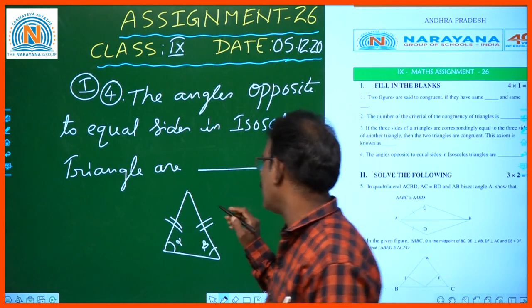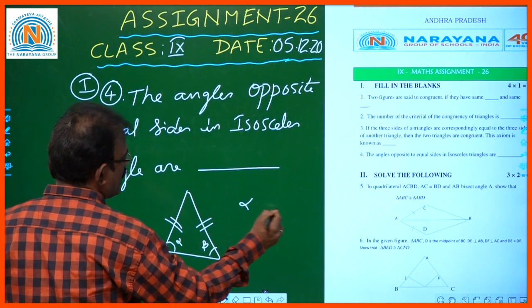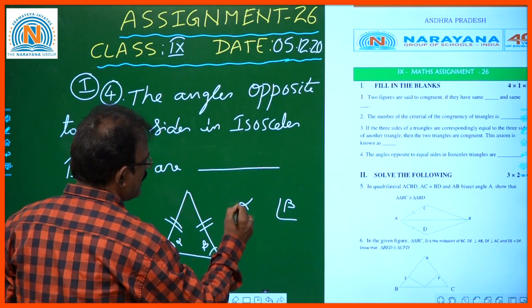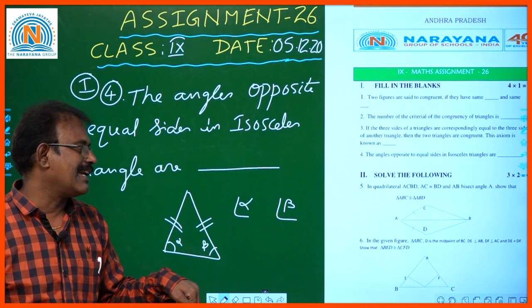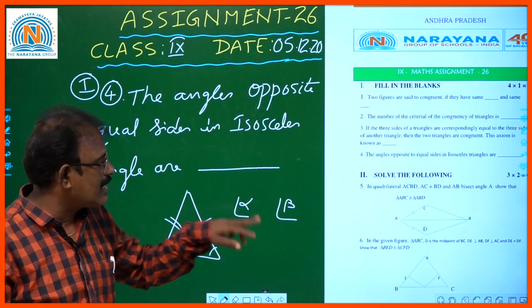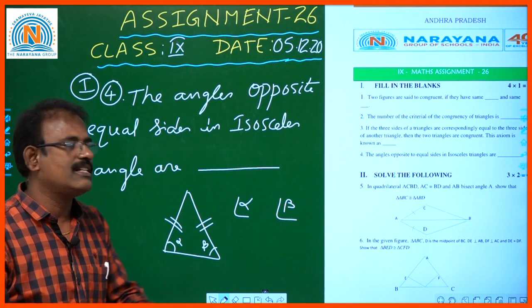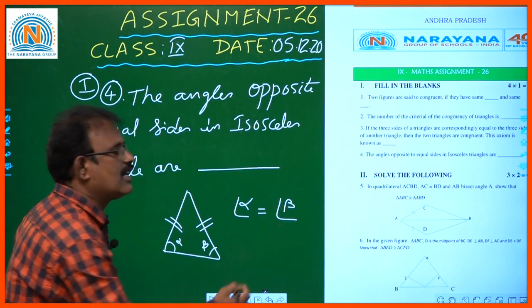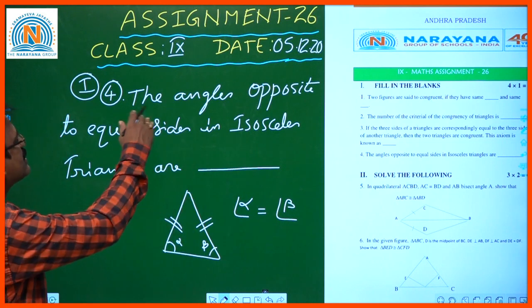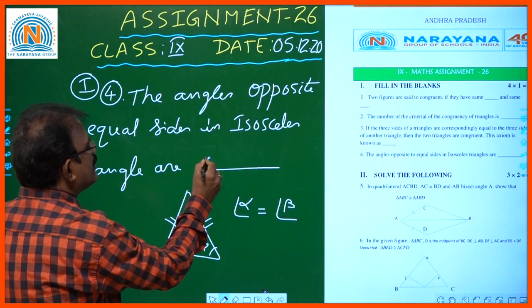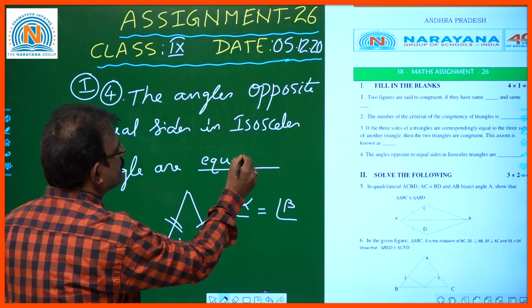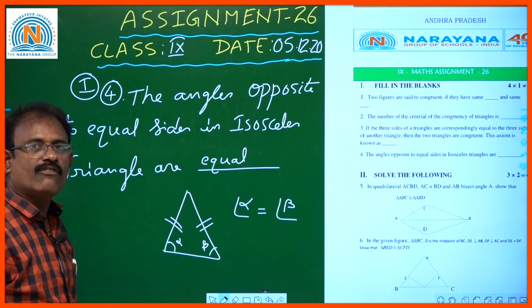So here alpha and beta are the angles opposite to the equal sides. What is your comment on the angles? Yes, both are equal in measurement. The angles opposite to equal sides in an isosceles triangle are equal in measure.